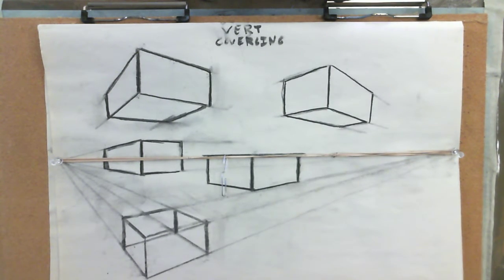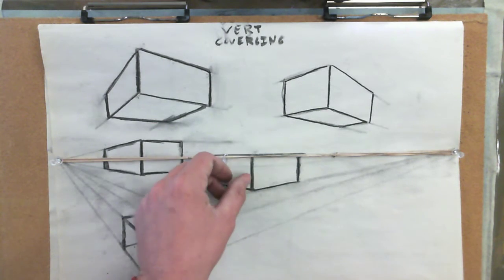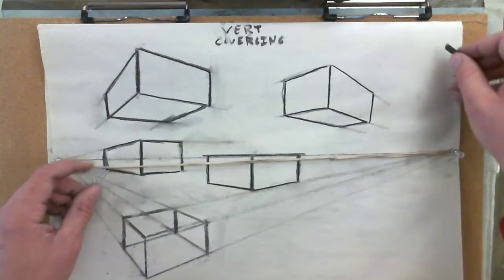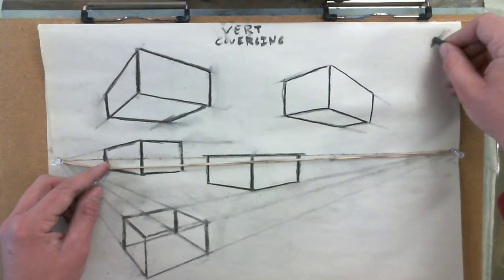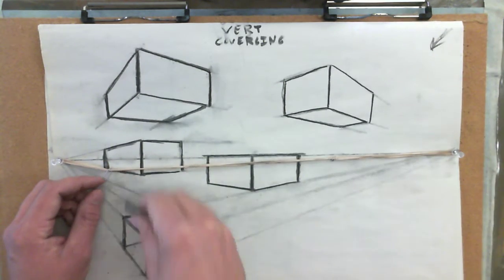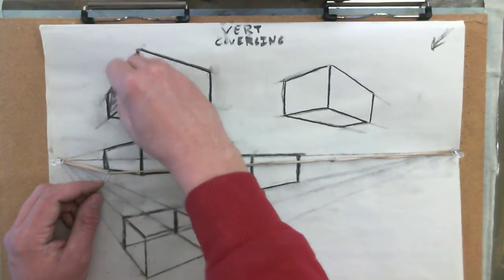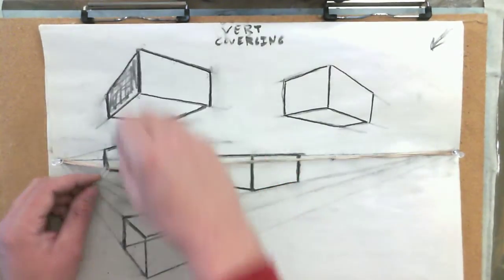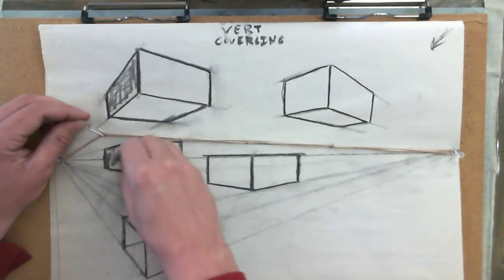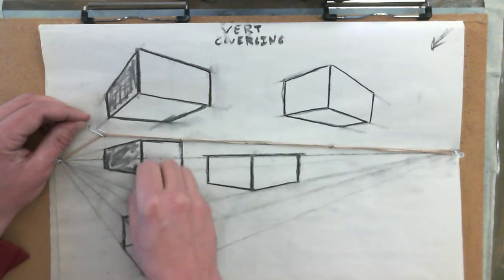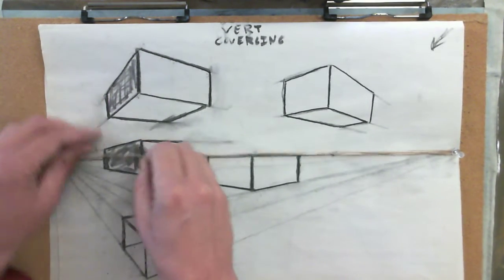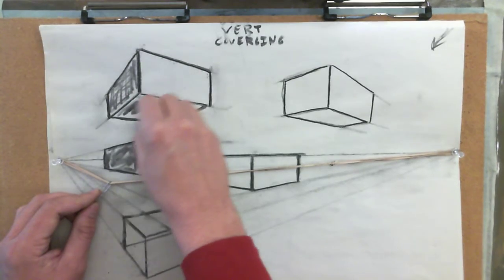Alright, so let's talk about shading these real quick then. Just go with the up and right light source again. So I'm going to shade this dark. All the left hand sides will be dark. Bottoms will be real dark.